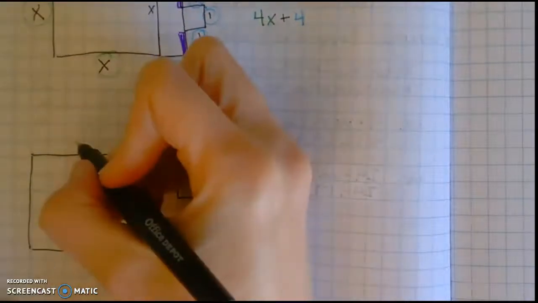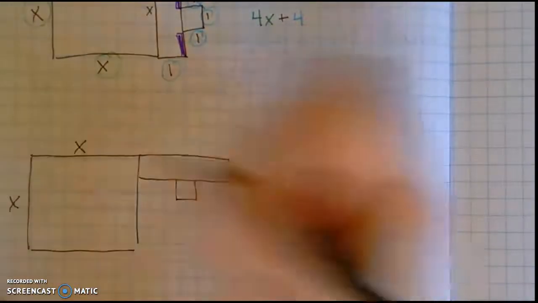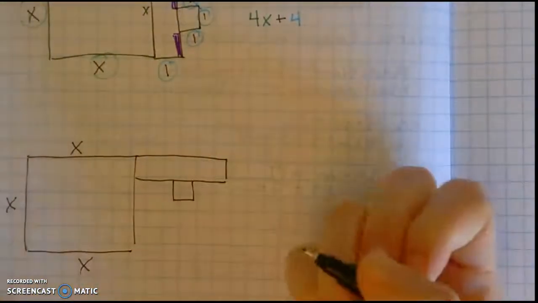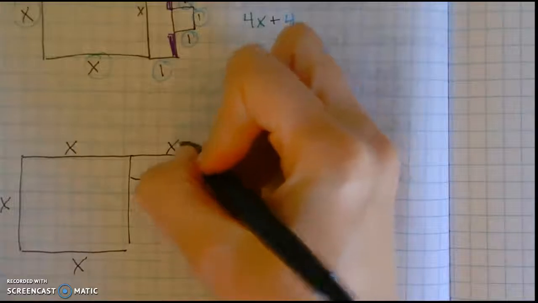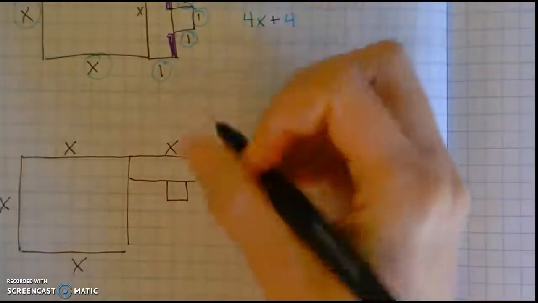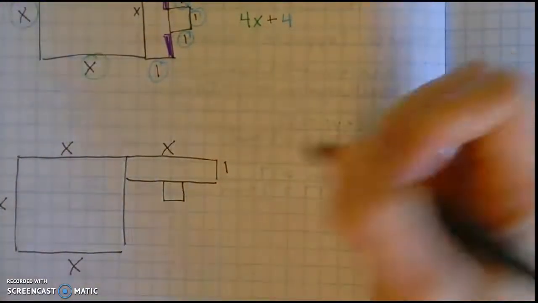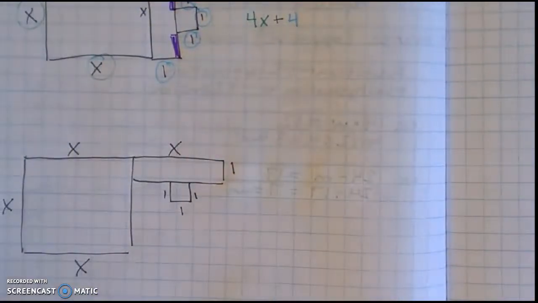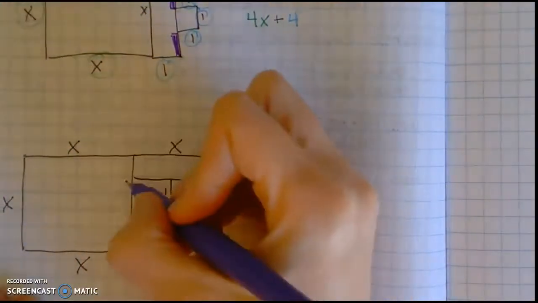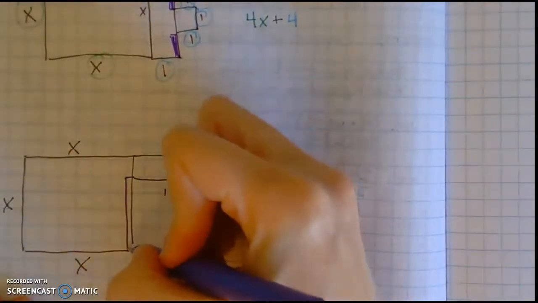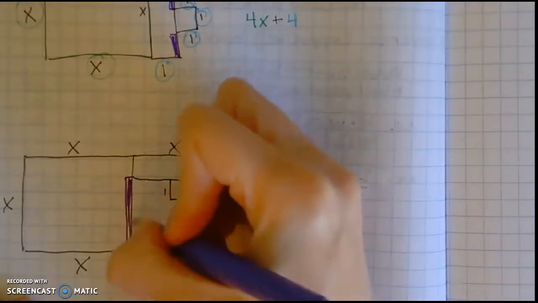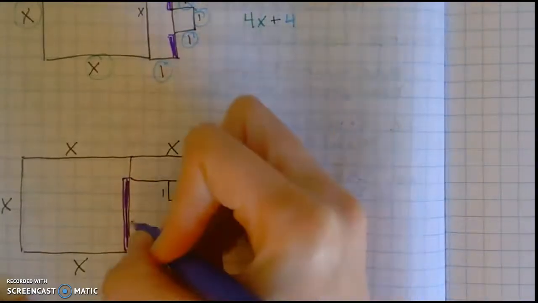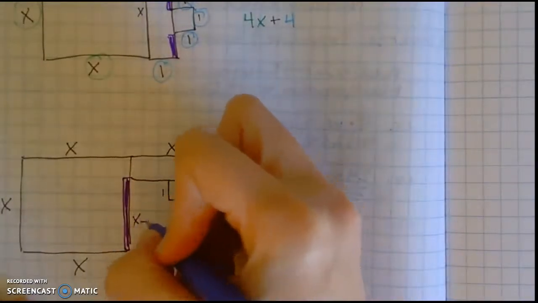So I know this side is x, this side is x, this side is x, this side is x, because that's a complete x. I know this side is 1. I know 1, 1, and 1. Now, I know that this is not a complete x because of this missing chunk here, so that's going to be an x minus 1.